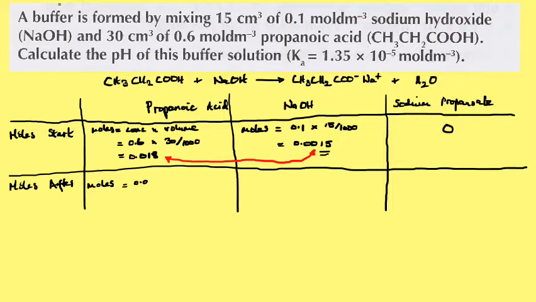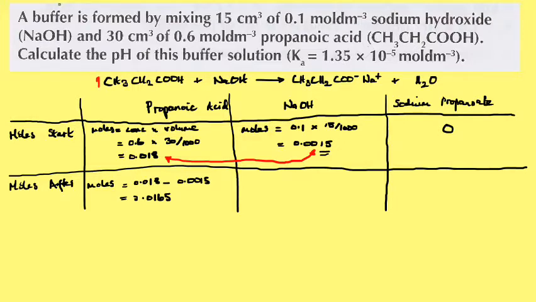So let's just write that in. The moles of the propanoic acid is going to work out to be 0.0165 moles. You can see that from the balanced equation, it's a one-to-one relationship. Let's just write that in just to be clear.